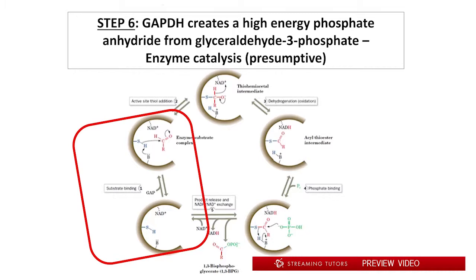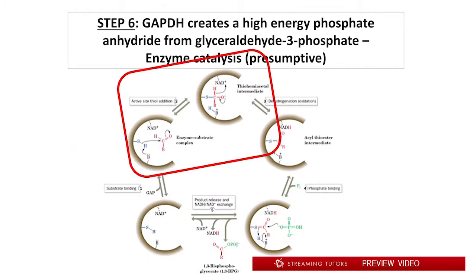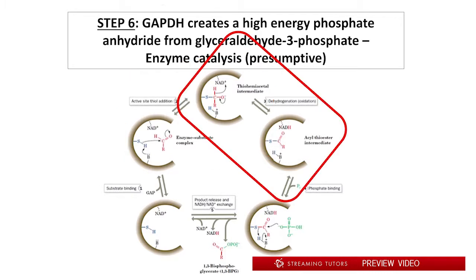It then attacks the electrophilic carbon in the substrate, in the next step, producing a thiohemiacetal. That thiohemiacetal is then immediately oxidized by the bound NAD. Notice that NAD has now been converted to reduced NAD, and this thiohemiacetal has now been oxidized to a thioester.